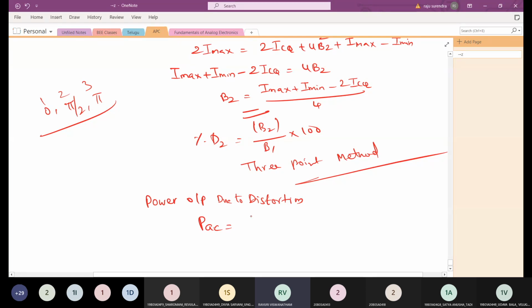VM multiplied by RL. Is it right or not?